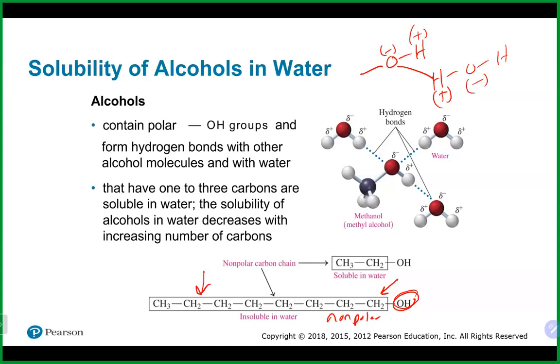And as we talked about a number of times, in order for things to dissolve in water, you have to break apart the water-water interactions and replace them with very similar interactions. And they have to be kind of similar in size. Things that are really large are not going to get in there well, and they're going to try to use dispersion forces. Something relatively small will be okay in that case and be pretty soluble.